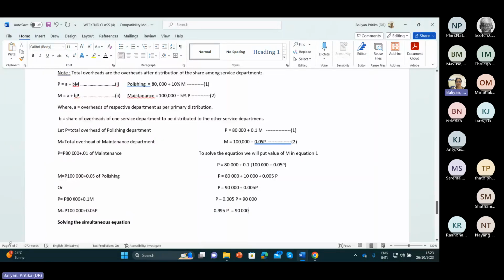Then to determine the value of P, you divide 90,000 by 0.995. So in the next line, P equals 90,000 divided by 0.995. So how much will you get?